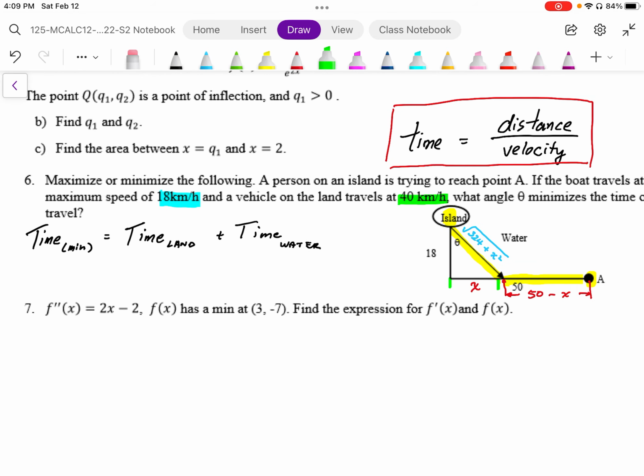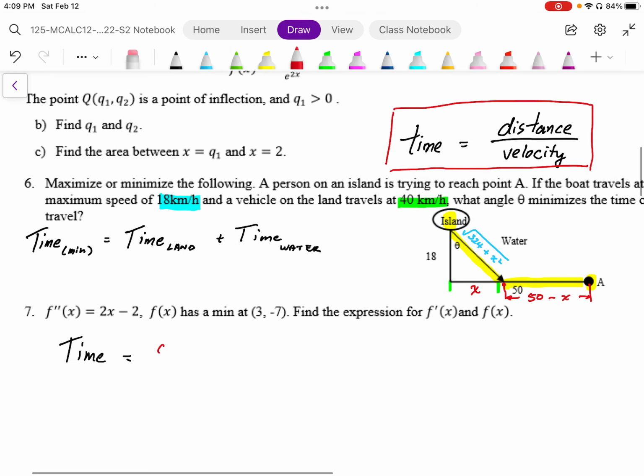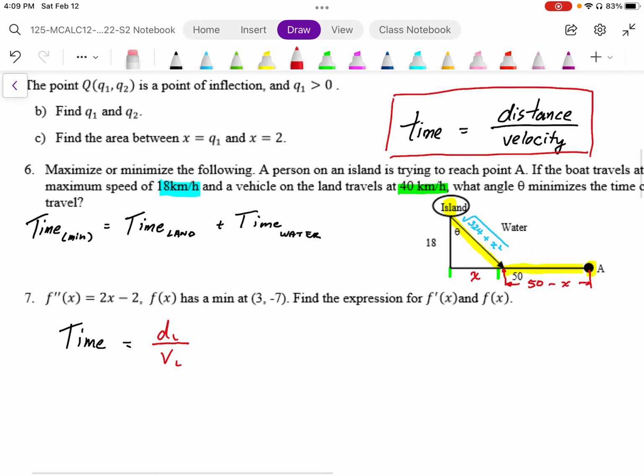My time expression that I'm trying to minimize is equal to the distance on land over velocity on land, plus the distance on water over the time on water, or sorry, velocity on water.